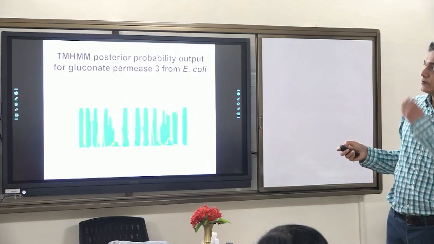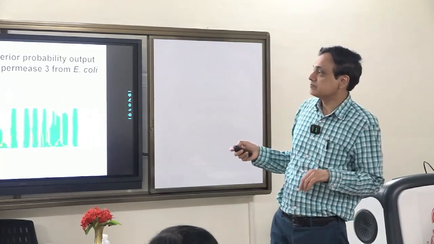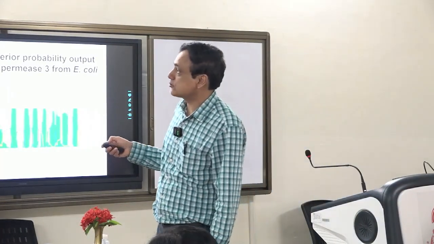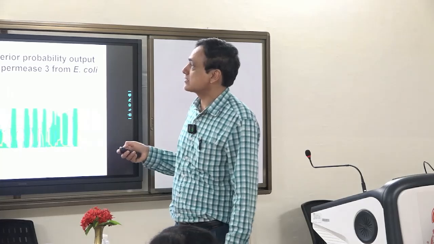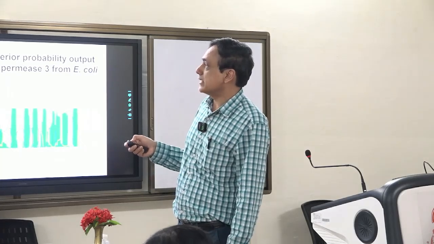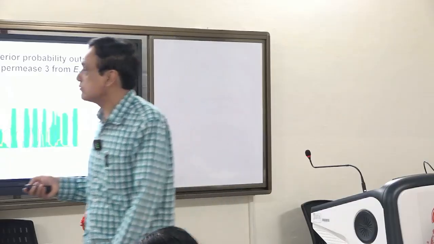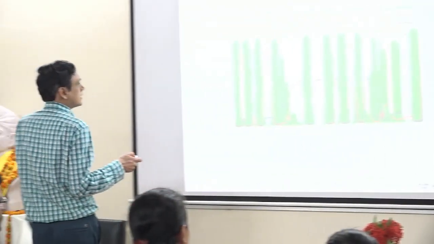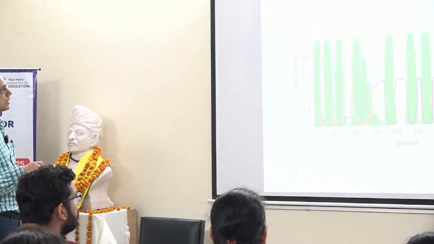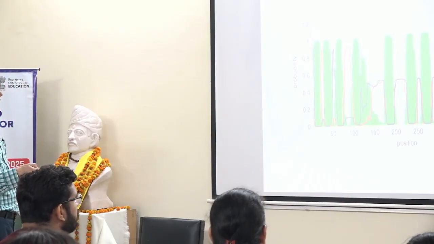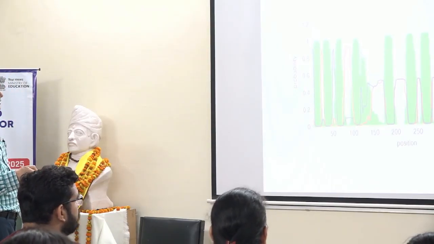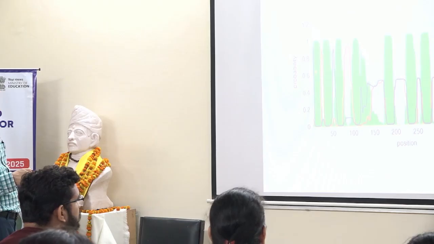So this was used for predicting the protein topology for a transmembrane gluconate permease 3 from E. coli, okay. You can see the posterior probability plot where transmembrane is indicated by green, inside by red, and outside by blue, okay.